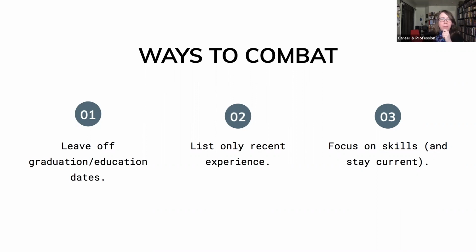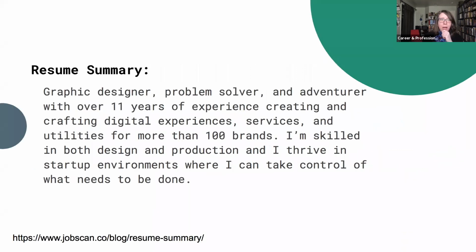Something else that you may want to use in this situation is a resume summary. I mentioned this before, but here's an example of a resume summary. This one is maybe a little bit long, but it's not too bad. That lets you highlight skills and experiences. You can see that there's a number in there of more than 100 brands. It lets them indicate that they're really interested in the startup environment.